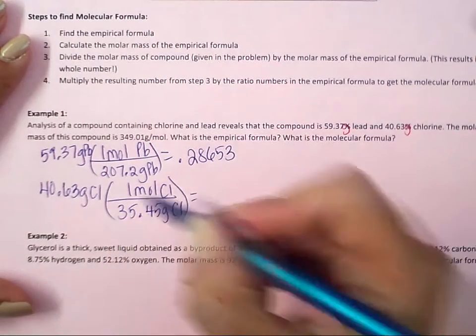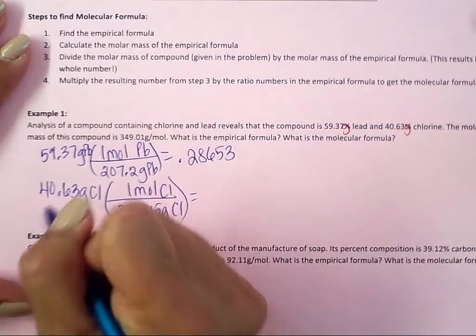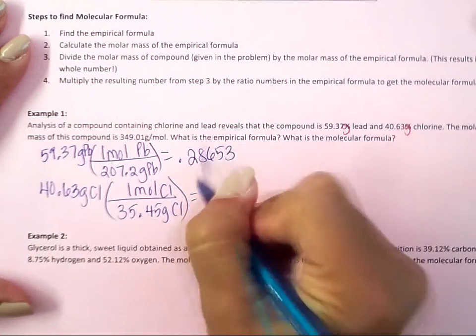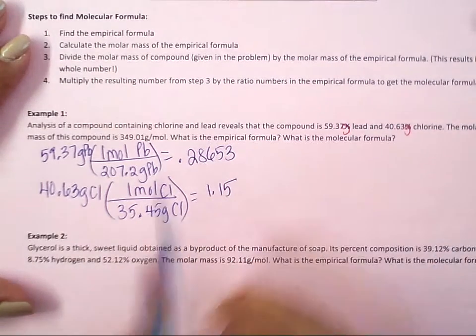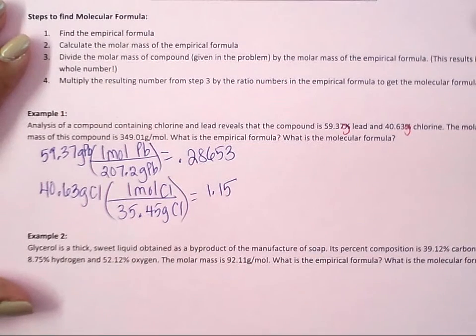When you do the dividing, you would end up with 1.15. Now, I could put moles, but it honestly doesn't matter because at this point, I just want to know ratios. So if I don't put moles, it's okay. Okay, you've done that part.